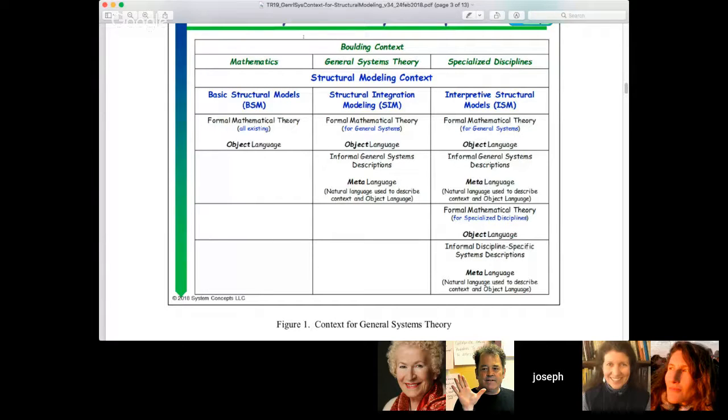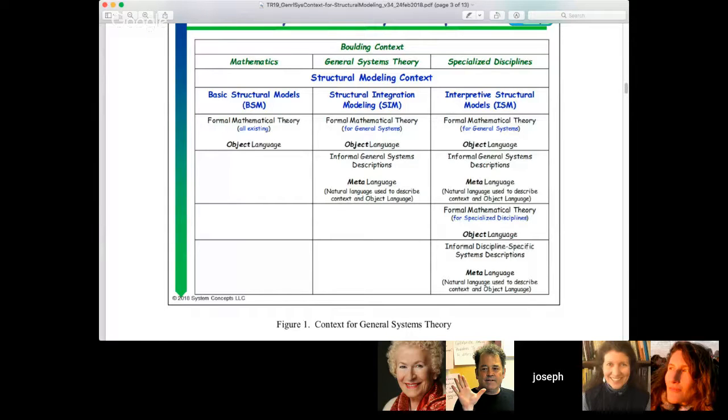Specialized disciplines can have formal, value, and factual. So what this chart says to me is the most interesting part: there's no formal way to tell the difference between a specialized discipline in theory and a general systems theory.